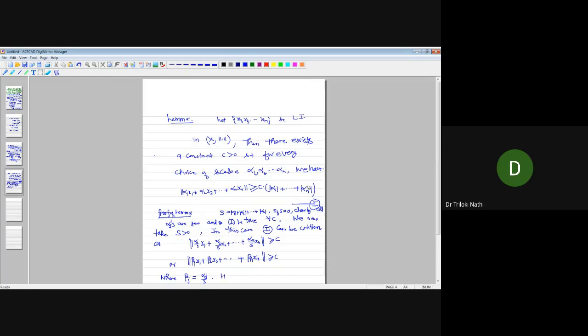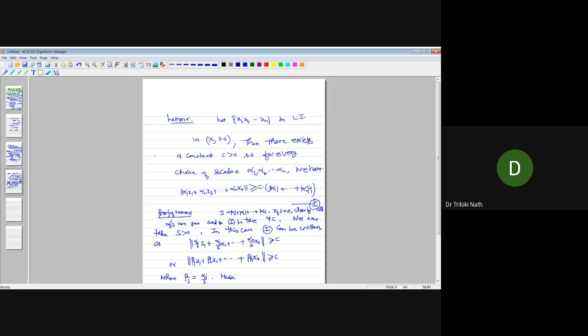Hence, what needs to be proved? If S is 0, if all the scalars are 0, then there is nothing to prove. Whatever C you take, it is already true.